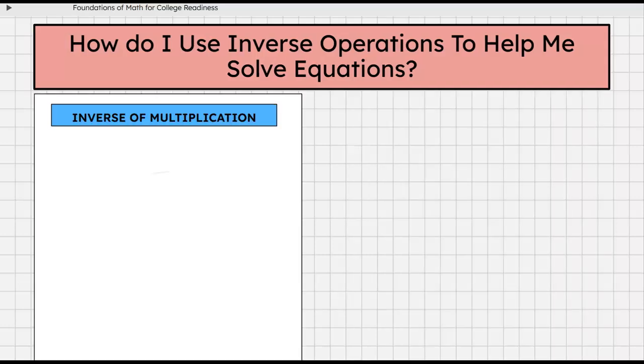Let's look at the inverse of multiplication. What would that look like? 7x equals 14. So we have a coefficient, and remember, coefficients mean to multiply the variable. So anytime we see a coefficient, we're going to need to use the inverse of multiplication to solve the problem.